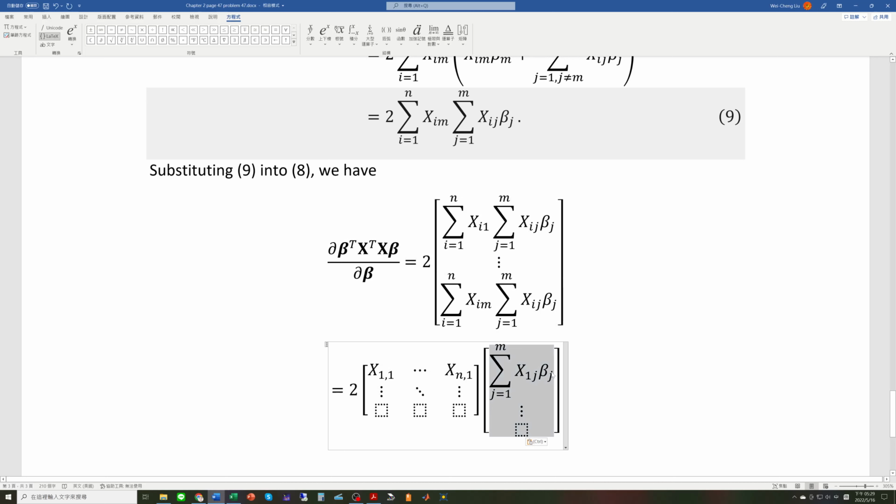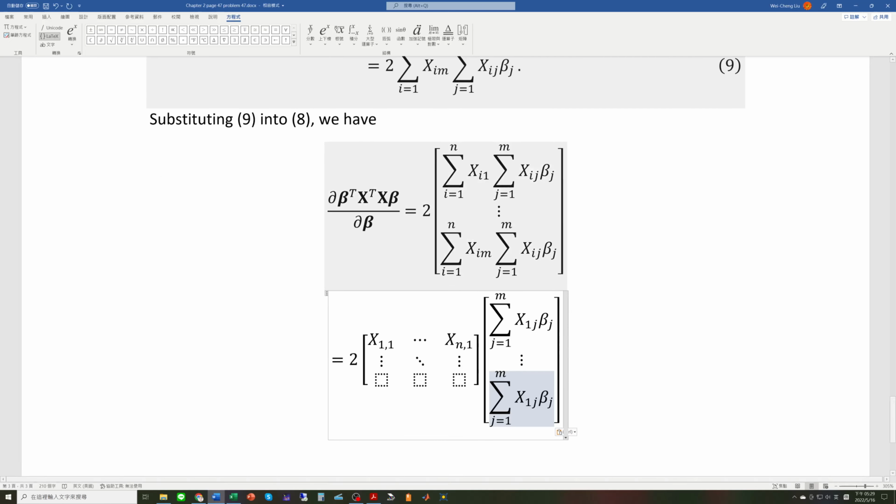And the last element, we only need to copy the first element and paste it here. i should be changed to n here, like this. So it becomes x_nj.